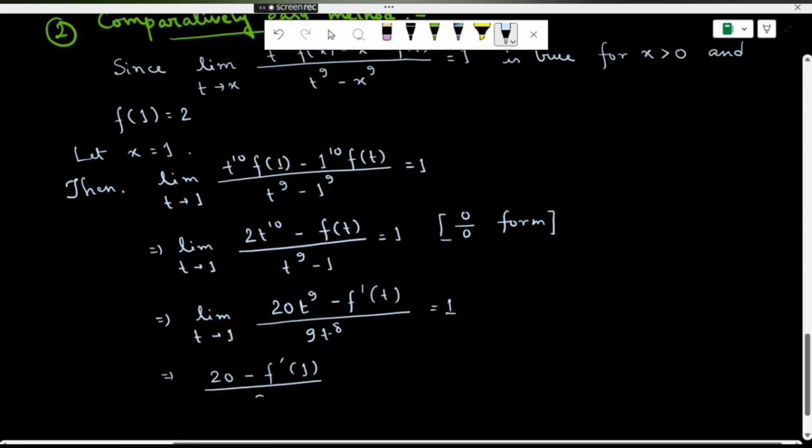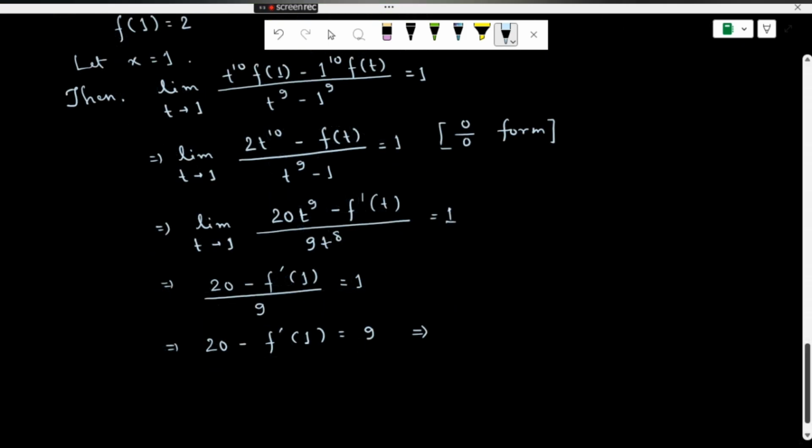So 20 minus f dash 1 by 9 is equal to 1. After simplification, it will be 20 minus f dash 1 is equal to 9. So f dash 1 will be equal to 20 minus 9, which is equal to 11.